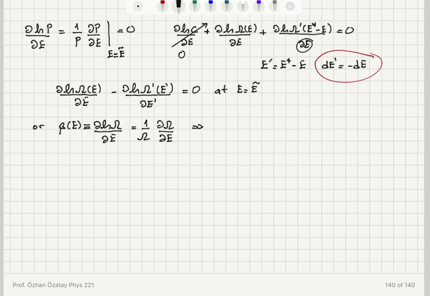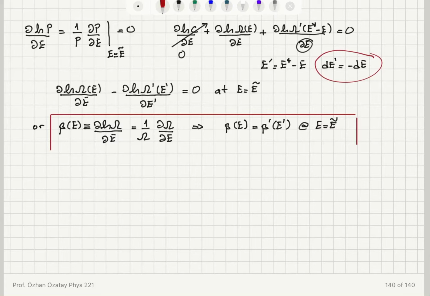With this definition, I get beta at energy E is equal to beta prime at energy E prime, at E equal to E tilde. Del ln omega del E is equal to del ln omega prime del E prime. Okay, so this is the conclusion for the maximum probability condition: the betas of those two systems should be equal.